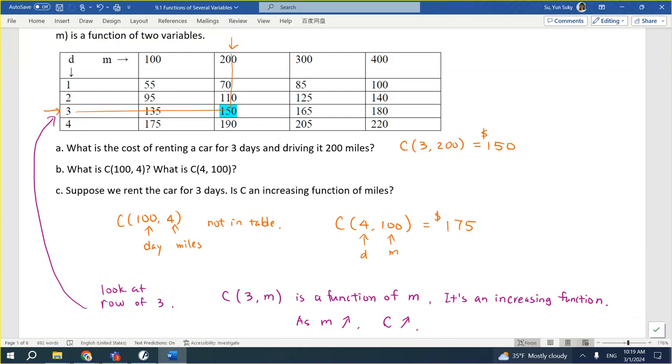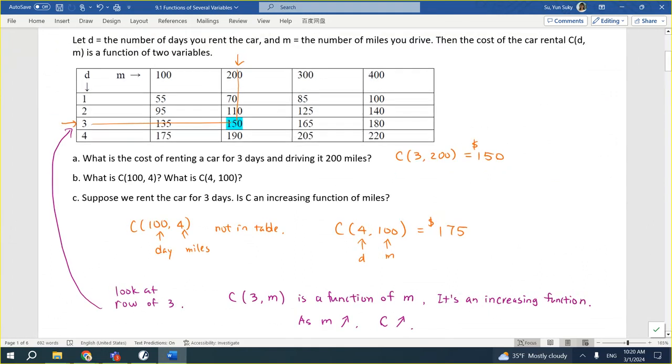Remember how we find a maximum or minimum of a function of a single variable? We take the derivative and find the critical points. If your function is increasing and then decreasing, this is a local max. If your function is decreasing and then increasing, that is a local min. Exactly. Any questions about example 1?